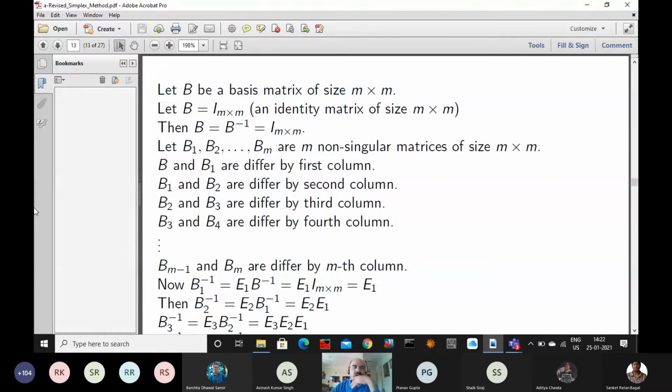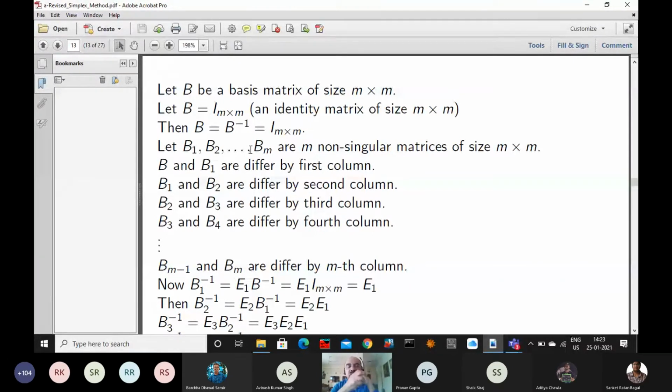We proceed in this manner. If you are interested in changing all the columns, first, second, third, we can name the matrices this way: B is initially the identity matrix, then B1, B2, B3, and so on up to Bm.